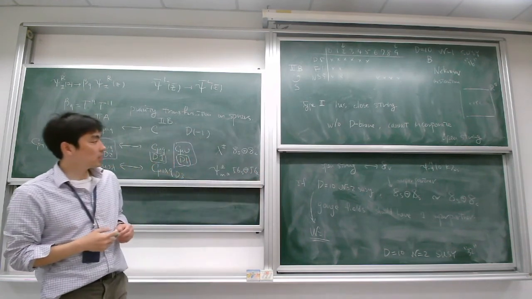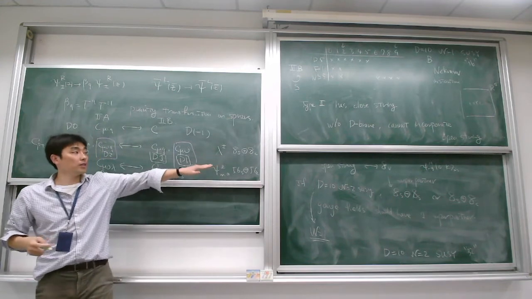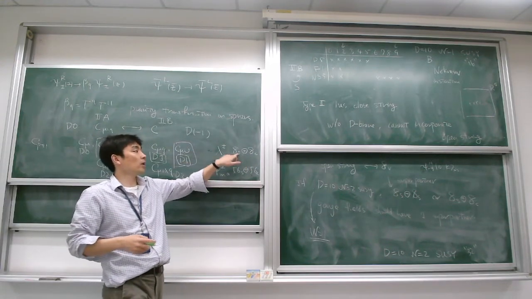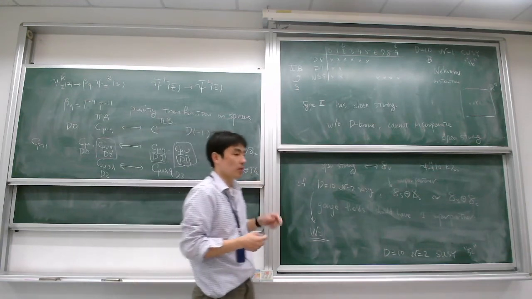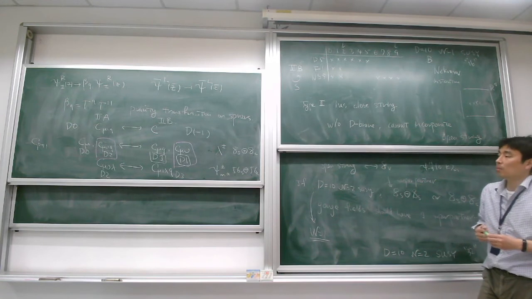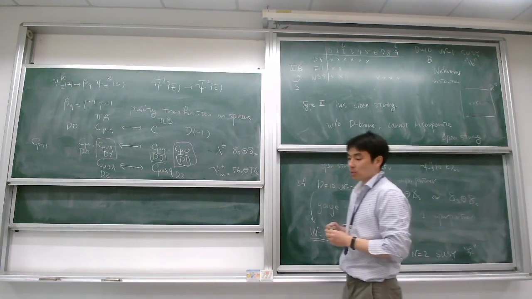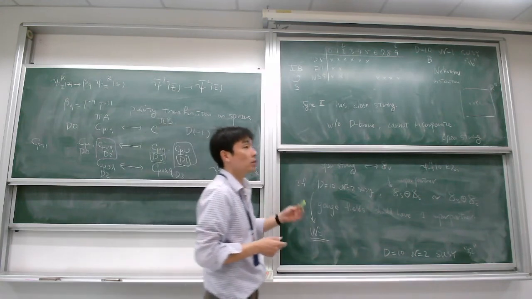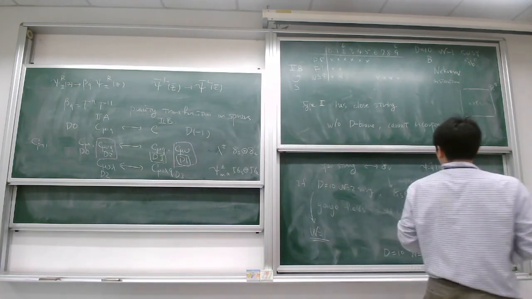This is the dilatino, and this is the gravitino. They have two copies, a consequence of N equal to 2 theory. But in N equal to 1, 10 dimensions, there's only one superpartner because of the number of supersymmetries. That's what we are going to explain.